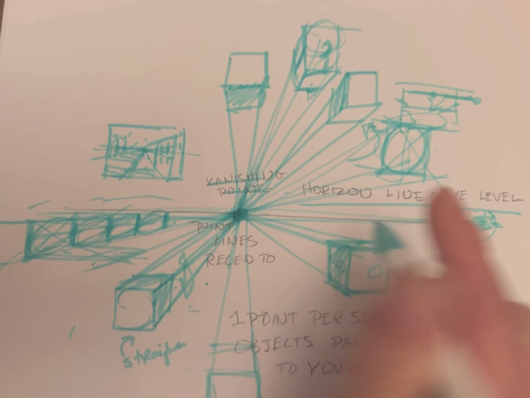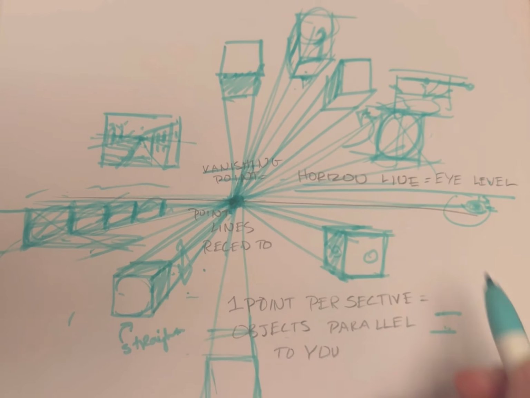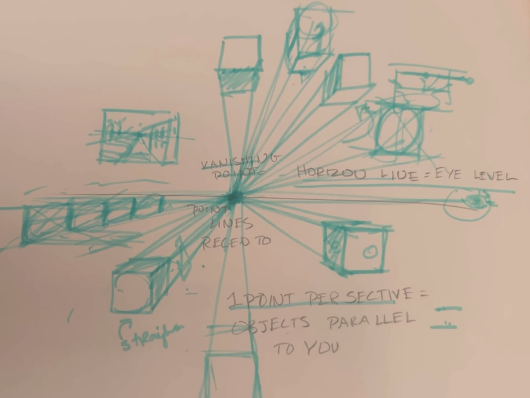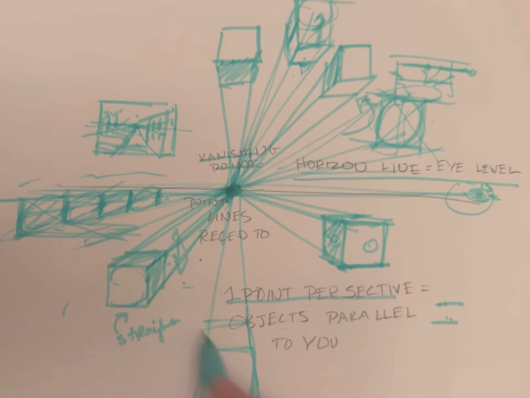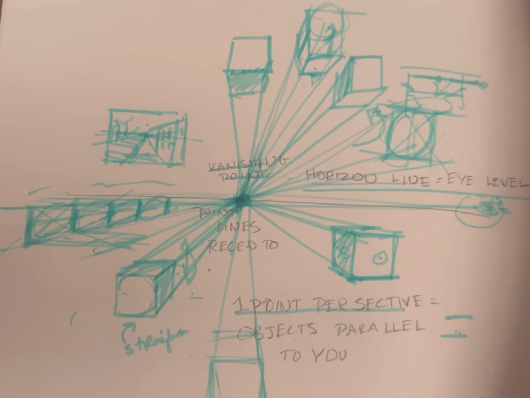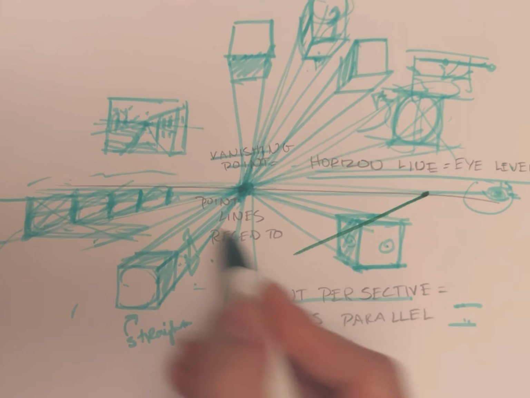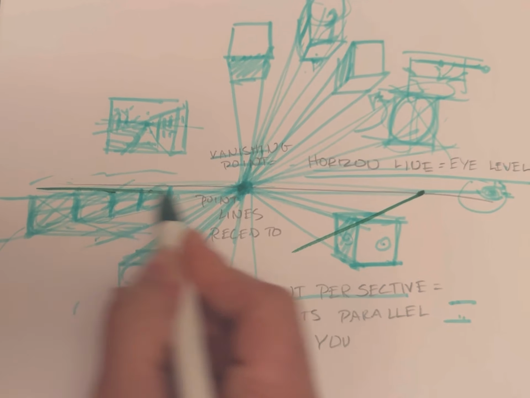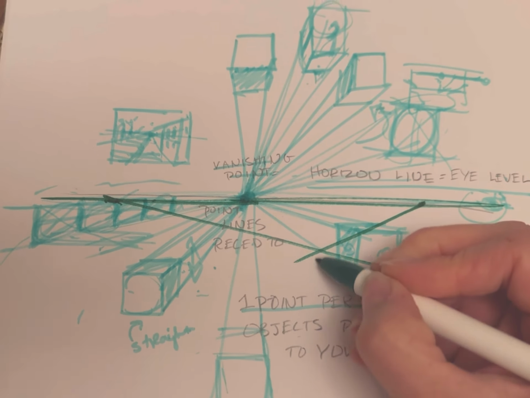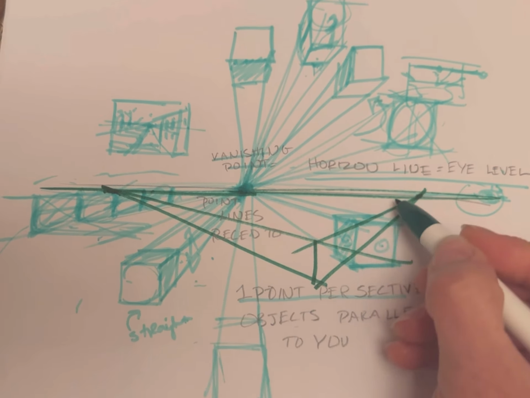Again, just to recap, horizon line, that's just our eye level. Vanishing point, that's the point things recede to. And then one-point perspective is just where all the objects are parallel to you. And just to show you what that looks like if it was not one-point perspective, if this was two-point perspective, that would mean that we could have an object on the same horizon line, we're at the same eye level, but now we see that object turned.